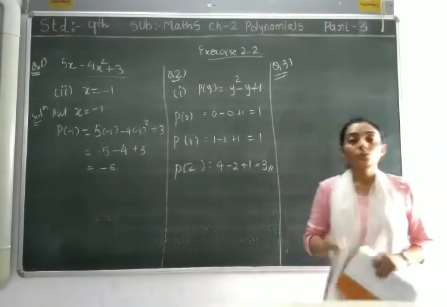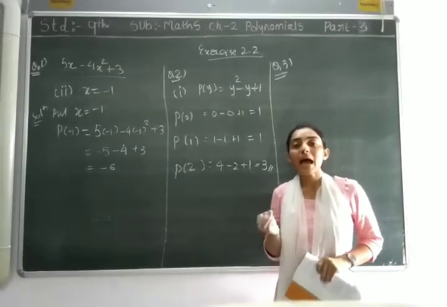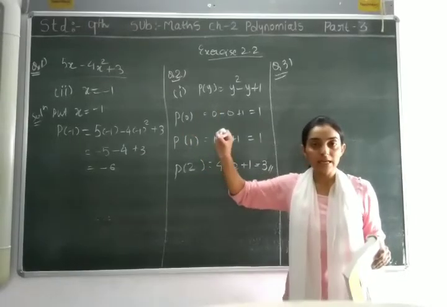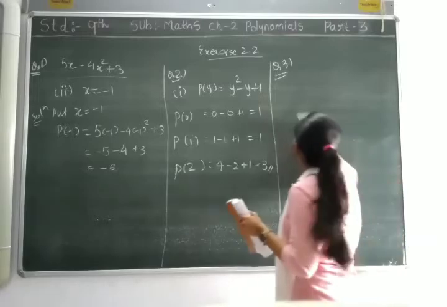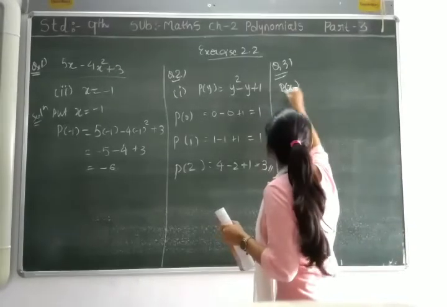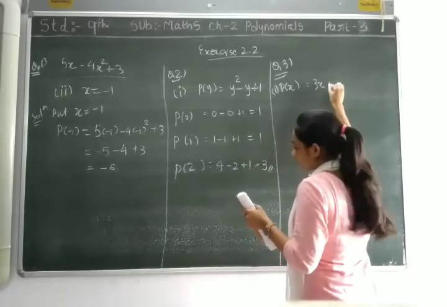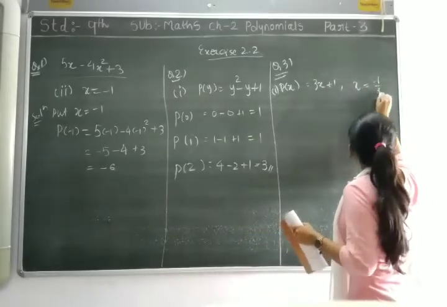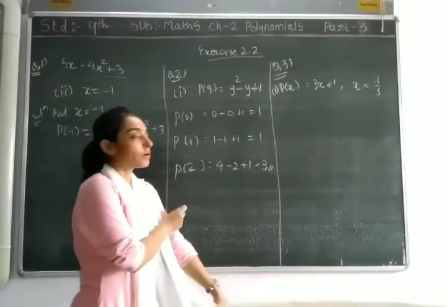To verify zeros of the polynomial, we just directly put whatever x equals is given and check whether p of x equals 0 or not. So my p of x is 3x plus 1, x equals minus 1 by 3. We have to check whether this is a zero of the polynomial or not.